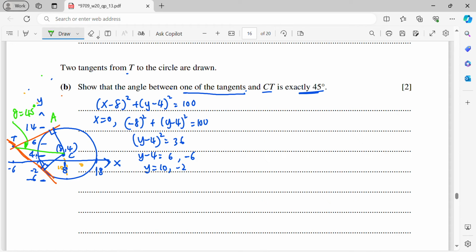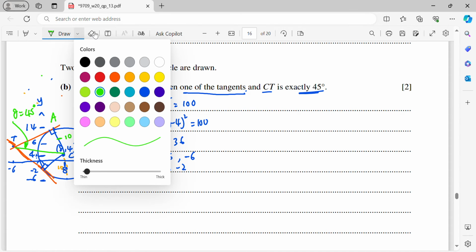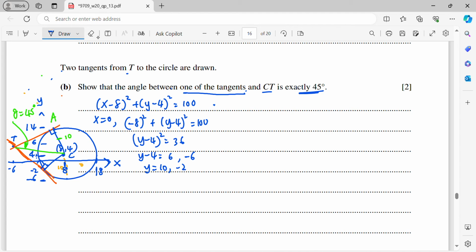So if I need to find out this angle, I know that my AC here is 10 because of this: x minus 8 squared plus y minus 4 squared equals 10 squared, 100.